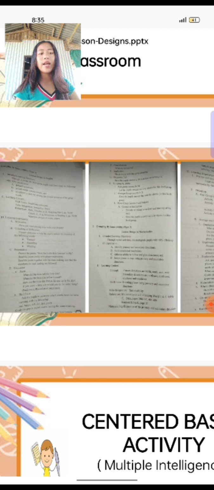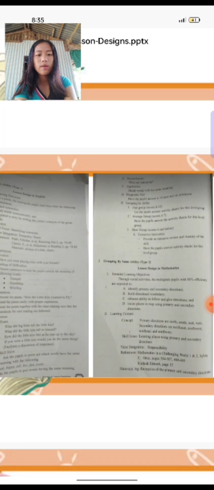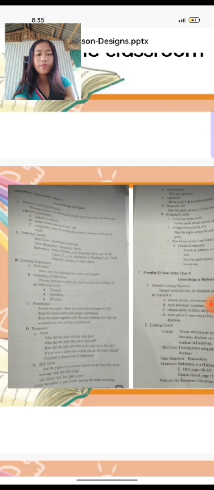The teacher lets the students read the poem orally with proper expression, and read the poem together with the class, making sure that the standards for oral reading are followed. Then, the teacher lets the students answer the questions, and the first question is, what did the big kite tell the little kite?